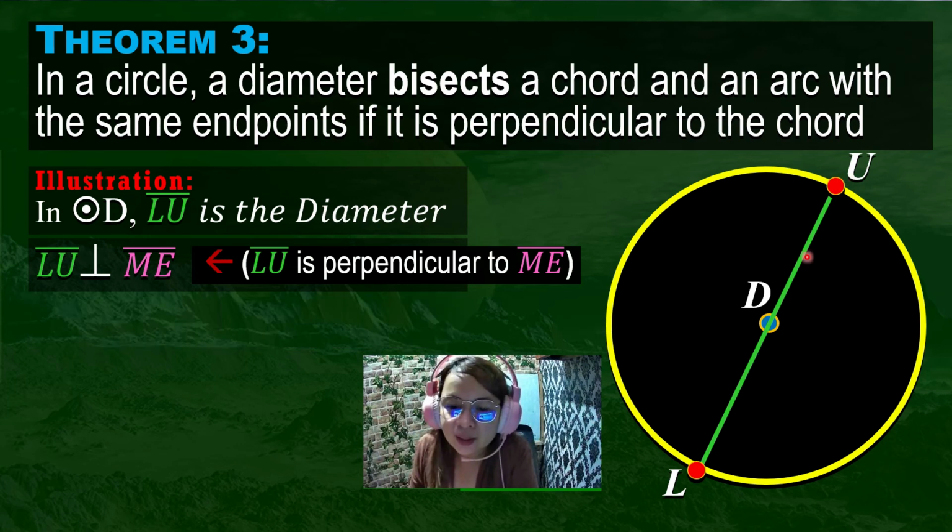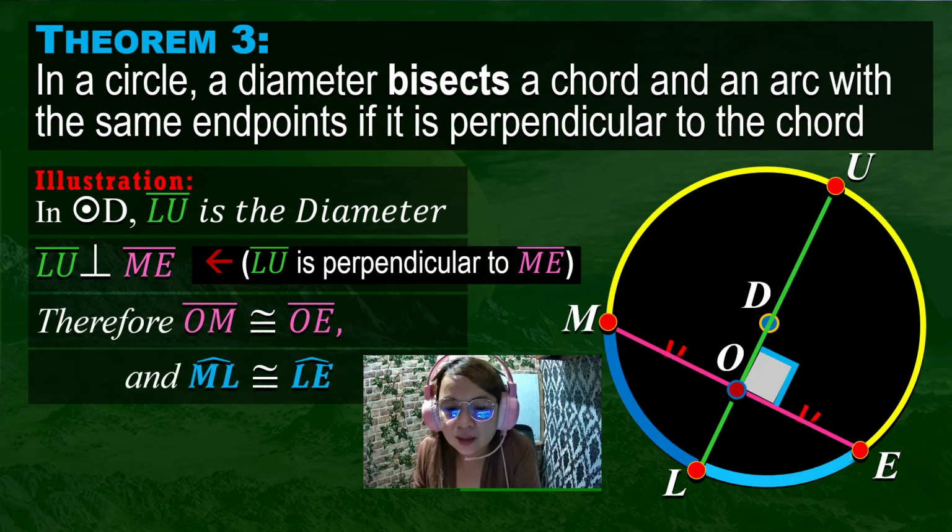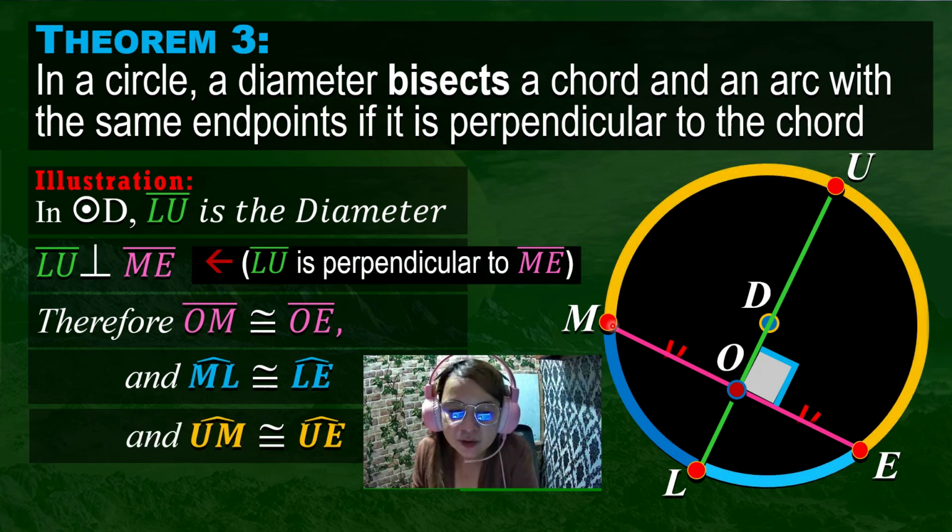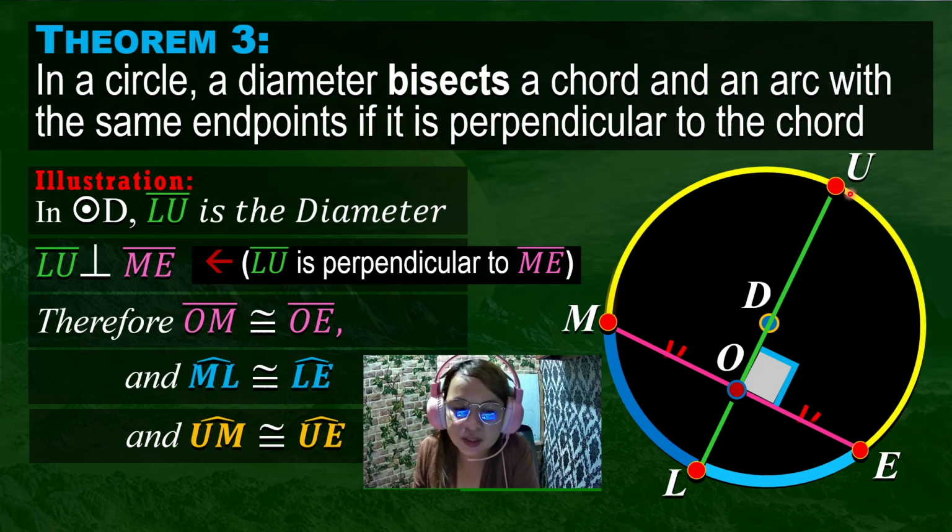Yung chord LU is a diameter. Ang segment MO ay congruent sa segment OE, ibig lang sabihin, yung arc ML ay congruent din sa arc LE. Siyempre, may isa pa, yung arc QM naman at saka arc QE, that is also congruent.